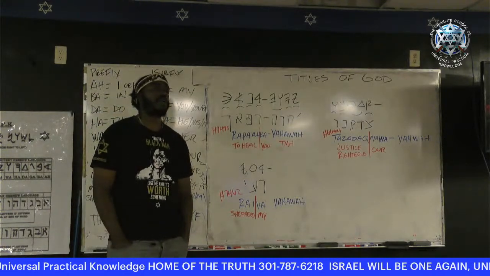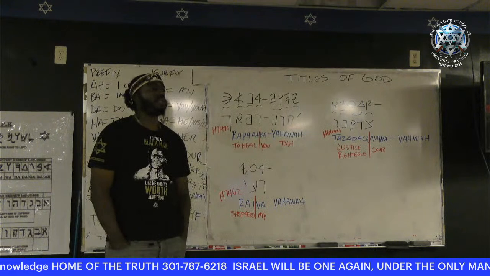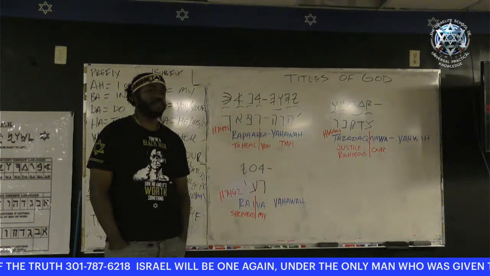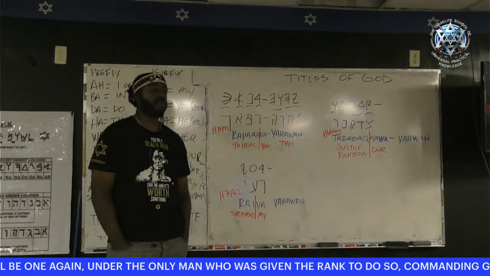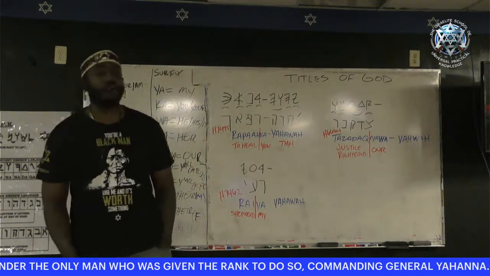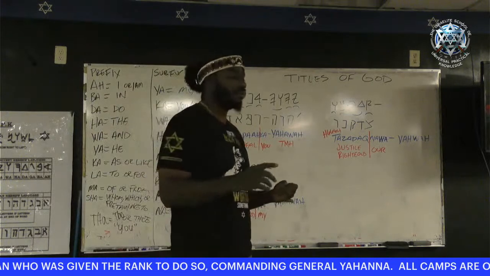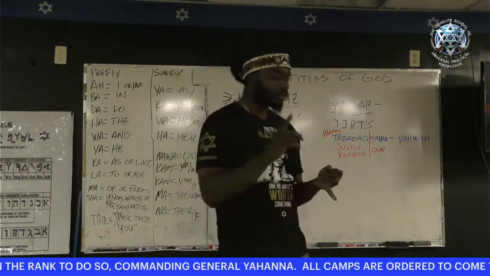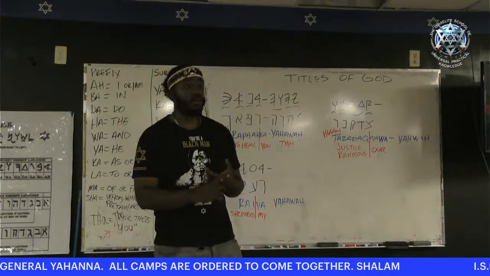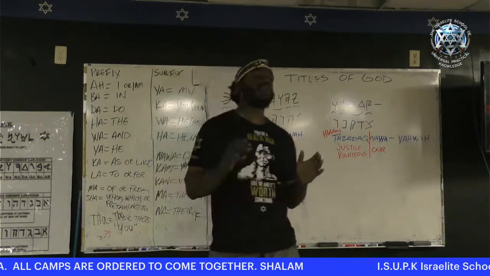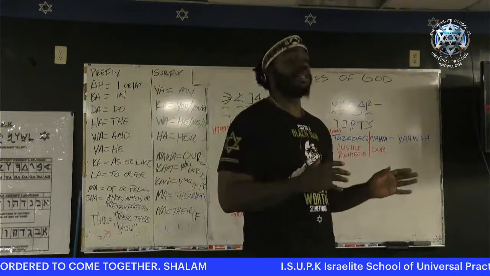All right, so since the beginning of time, since antiquity, it's always been from right to left. All the ancient languages are right to left. So Sanskrit, Aramaic, Latin, Hebrew, Greek, all of these writings are from right to left.